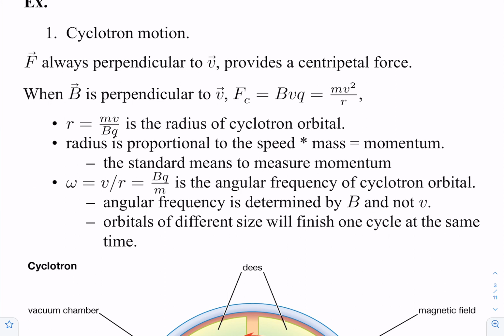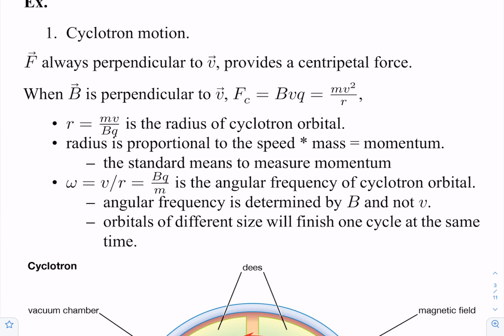That means that the force will always be perpendicular to this velocity V. This means that the magnetic force can actually provide a centripetal force. Here the centripetal force is something real, instead of a centrifugal force, which is something imaginary.